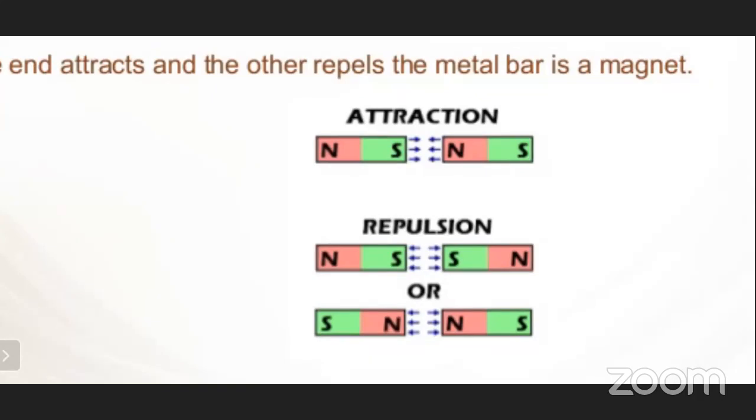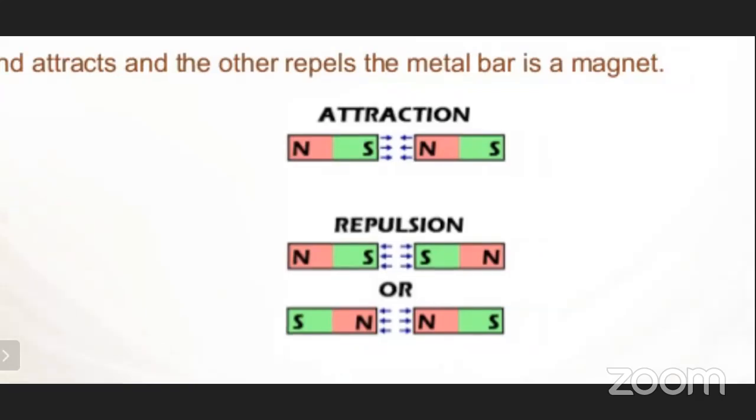So simply remember that unlike poles attract, like poles repel. Unlike poles means what? South and north are unlike poles. South direction and north direction are unlike poles. So unlike poles always attract. Like poles always repel.